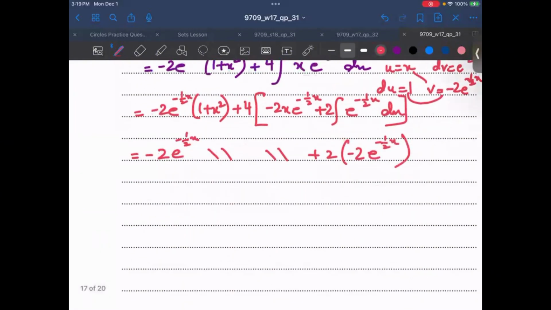So now simplifying this, we will get minus 2 e power minus half x into 1 plus x squared, and then 4 times 2 will make it minus 8x e power minus half x, and then this is plus 2 times 2 is 4, and 4 times minus 4 will make it minus 16, so this will become minus 16 e power minus half x.